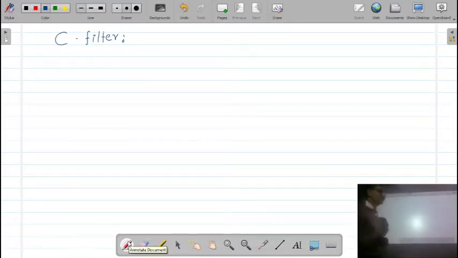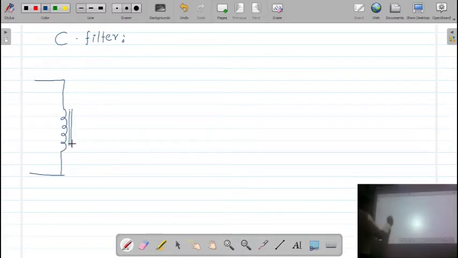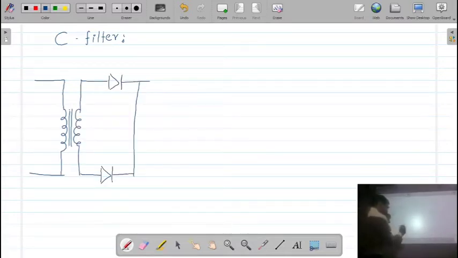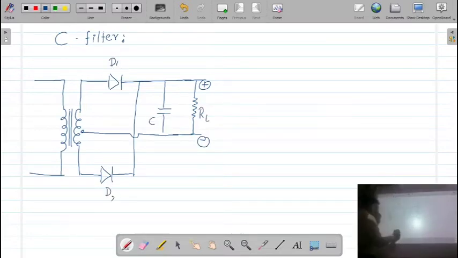First of all, I am going to draw a circuit diagram, and then we will see the theory of the circuit. Here in this diagram you can see we have a transformer.